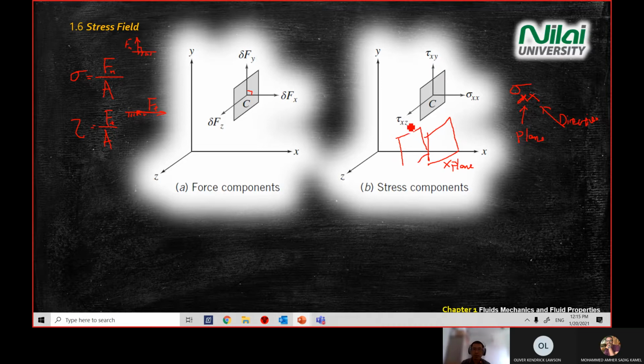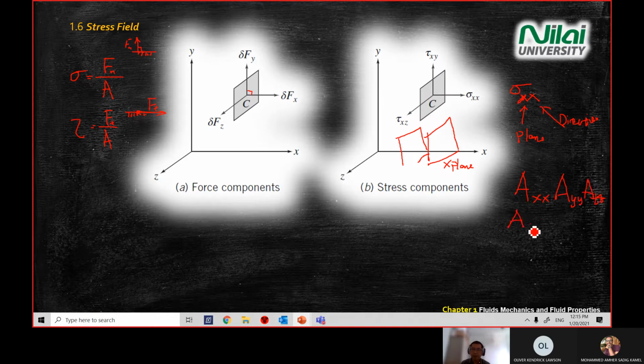And this one also. Why is it xz? It is because this force is on the x plane in the z direction. That's why. I just put a general symbol, xx. If I write yy it will be different, and zz will be different.